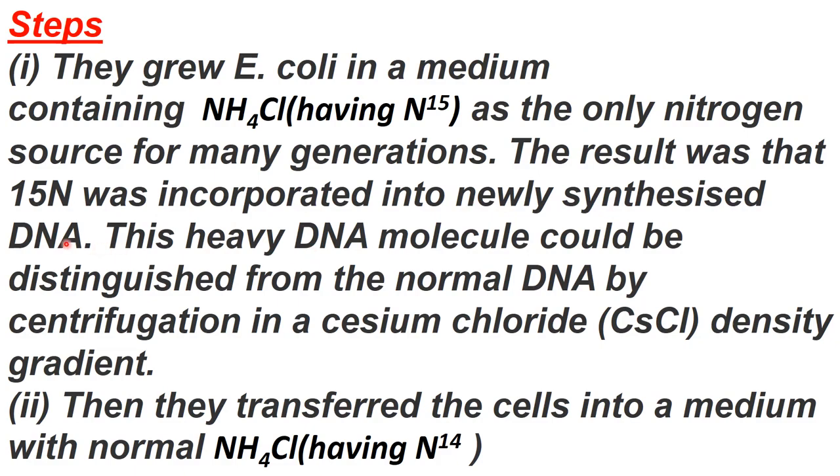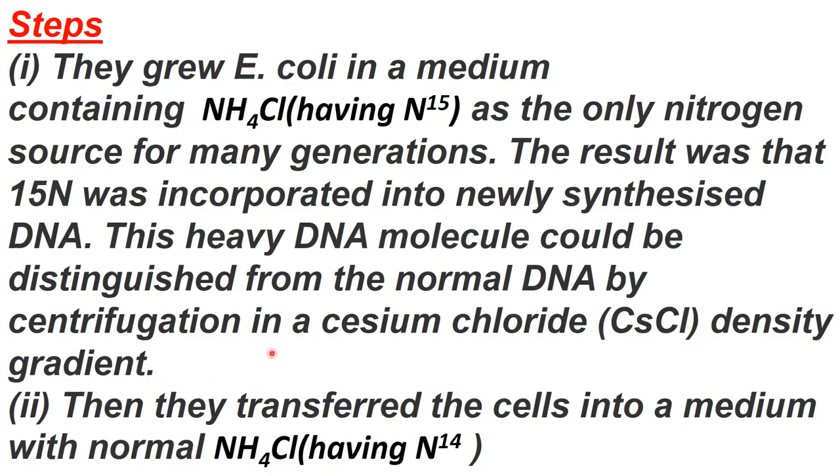As you know, nitrogenous bases are present in DNA, so you can say nitrogen is a part of DNA. Okay, so due to growing E. coli on this medium, this heavy isotope of nitrogen gets incorporated in the DNA strands. This heavy DNA molecule could be distinguished from the normal DNA by centrifugation in a cesium chloride density gradient.